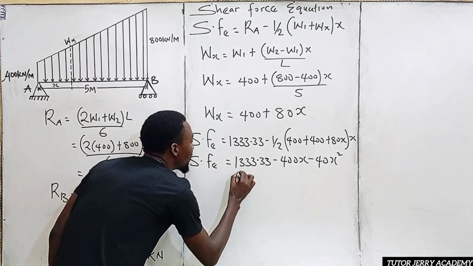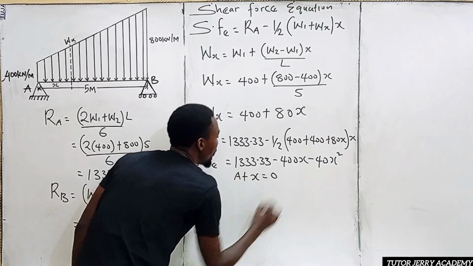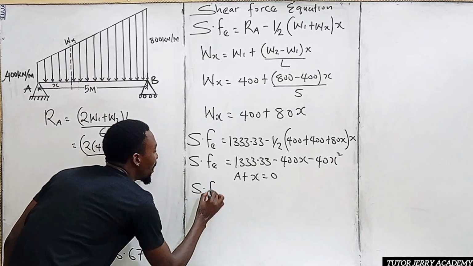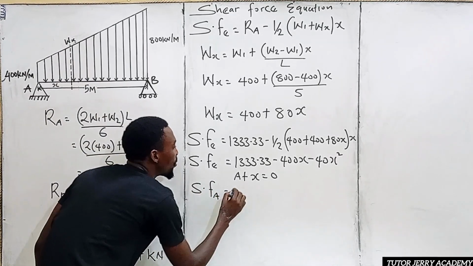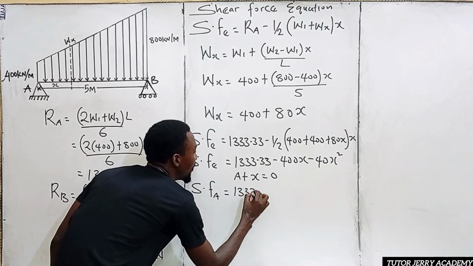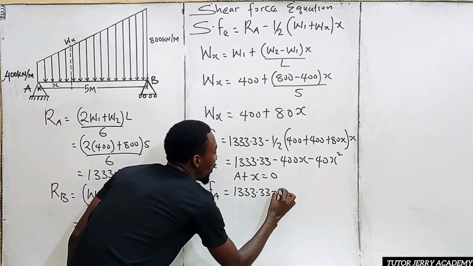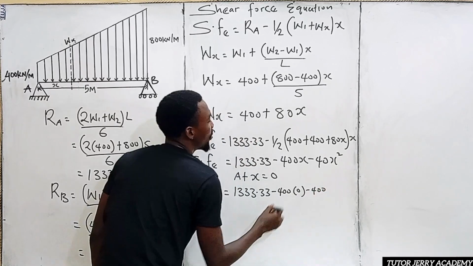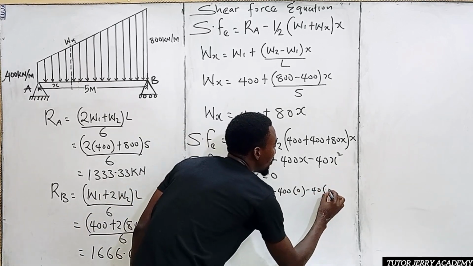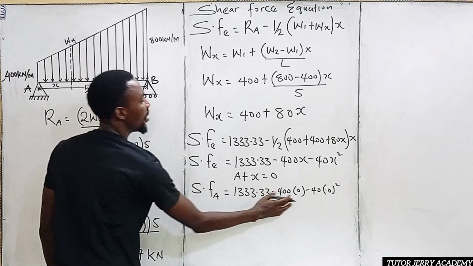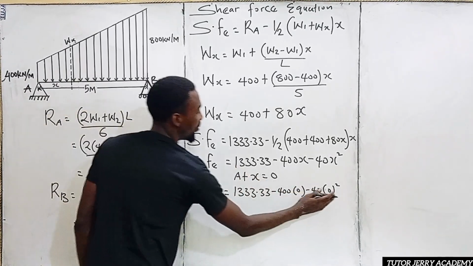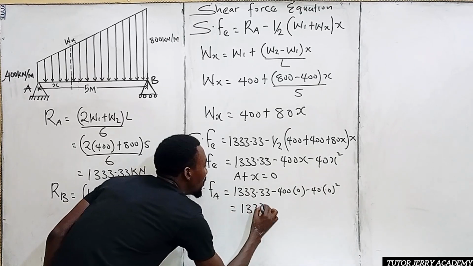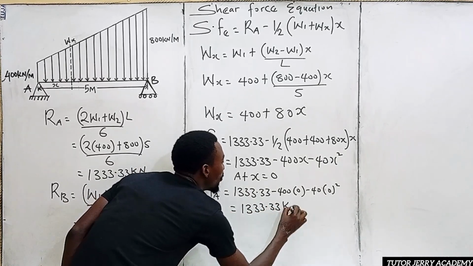So at S equals 0, the shear force equation gives the shear force at point A equal to 1333.3 minus 400 times 0 minus 40 times 0 squared. 0 multiplied by 400 is 0, so the only answer left here is 1333.33 kilonewton.